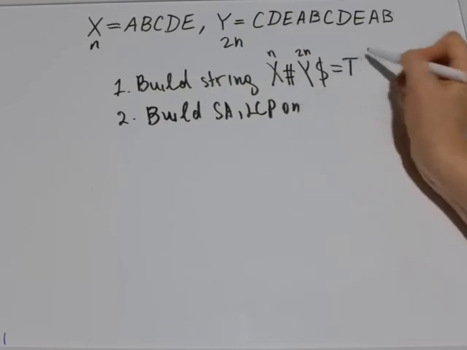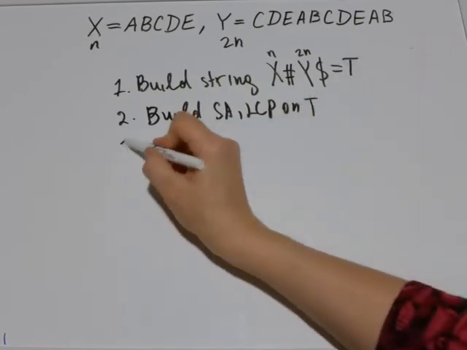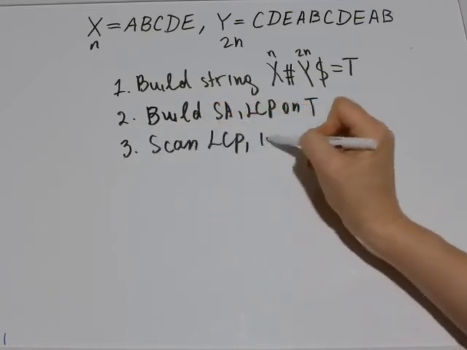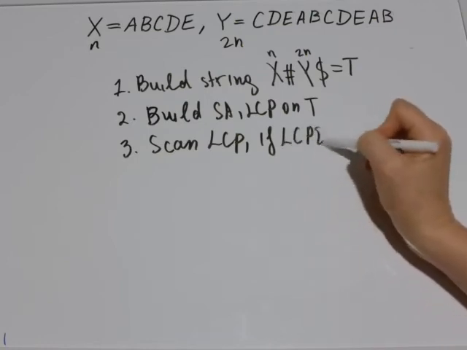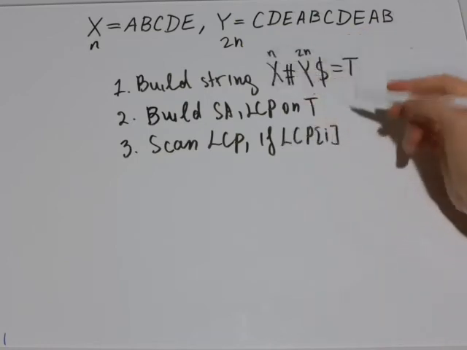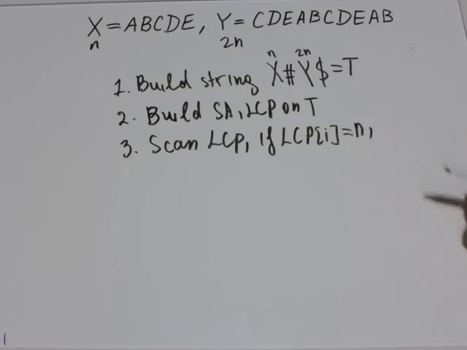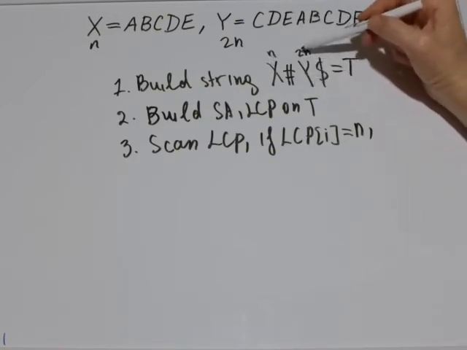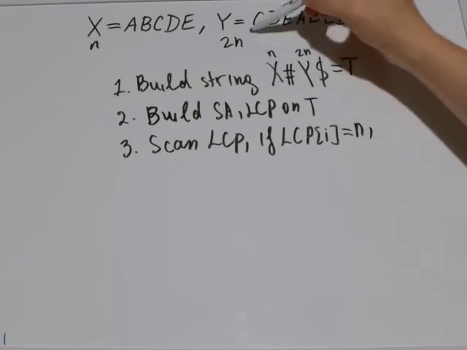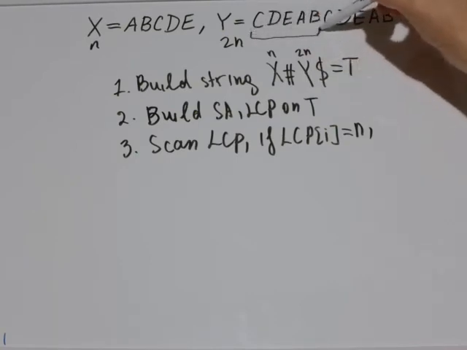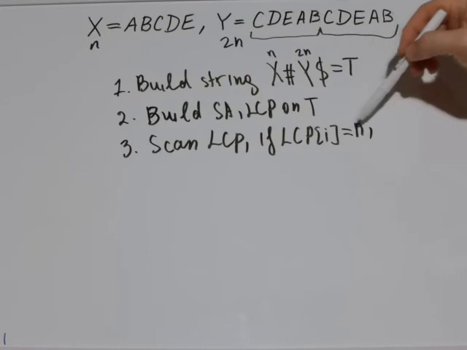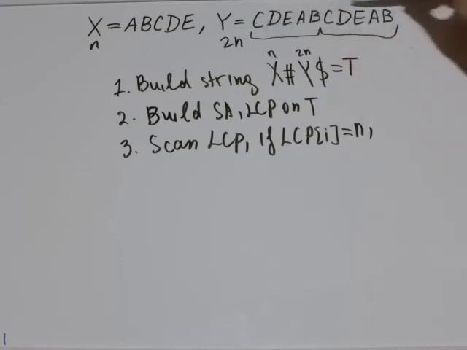on this T, let's call it T, and then scan LCP. If LCP of i is equal to n, check if these positions of corresponding suffixes belong to x and y, because actually y can match with y itself. Look at this, SDAB is equal to SDAB, so LCP of i equal to n might come from y.